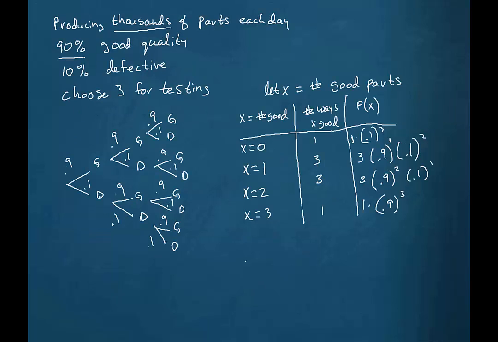Now, let's do this. Let's make p, little p now. This is going to be a lowercase p. This is going to be the probability that we would get a good one. And what we're going to do is consider the selection of a good part a success.